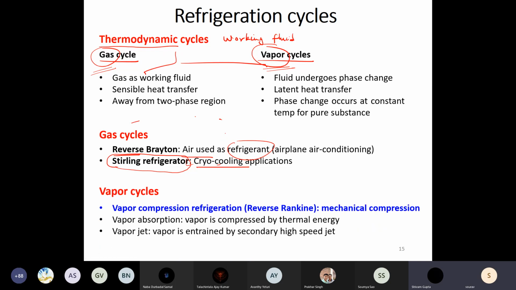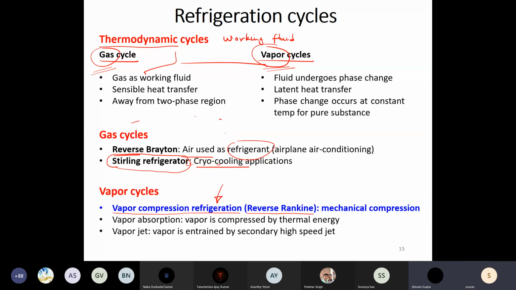The most common one is the cycle which we are using in our day-to-day life, commonly known as the vapor compression refrigeration cycle. But in principle, it is the reverse of the Rankine cycle. If you look at the Rankine cycle and reverse it, it becomes the vapor compression refrigeration cycle with one small modification to one of the devices in the Rankine cycle.